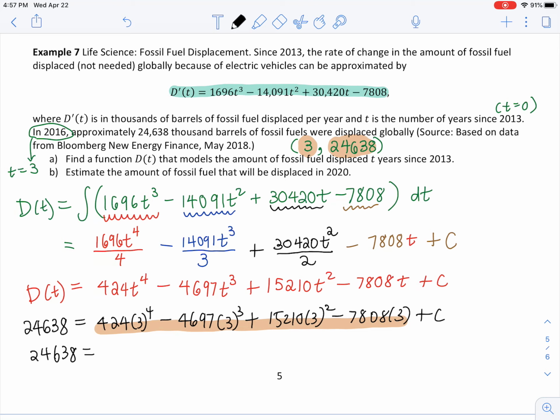So I'm going to go ahead and just bring this number down, and I'm going to work on my calculator. I'll go ahead and evaluate what this is and write that number down. 424 times 3 to the fourth, minus 4697 times 3 cubed, plus 15,210 times 3 squared, minus 7808 times 3.